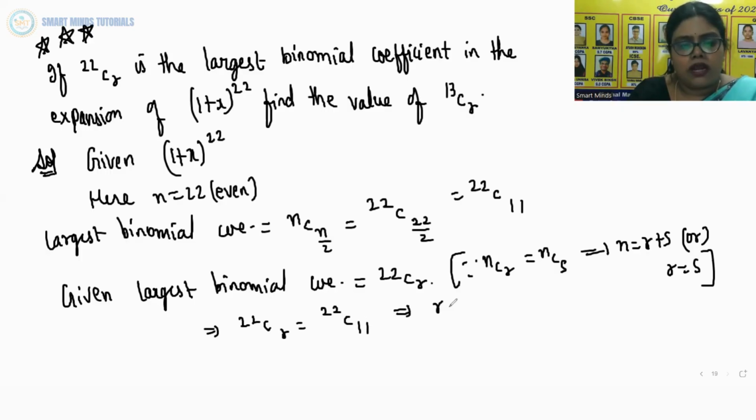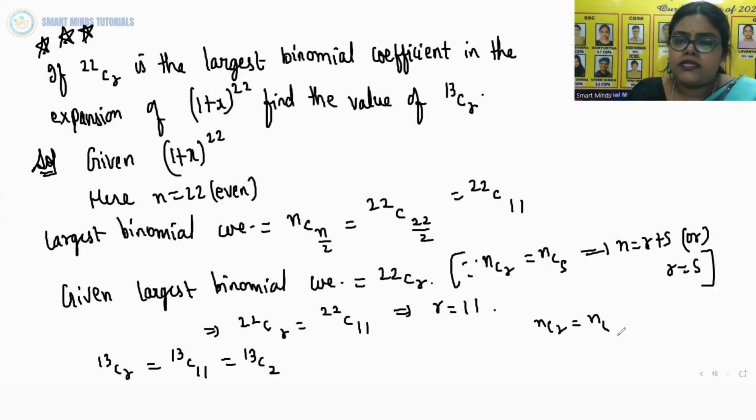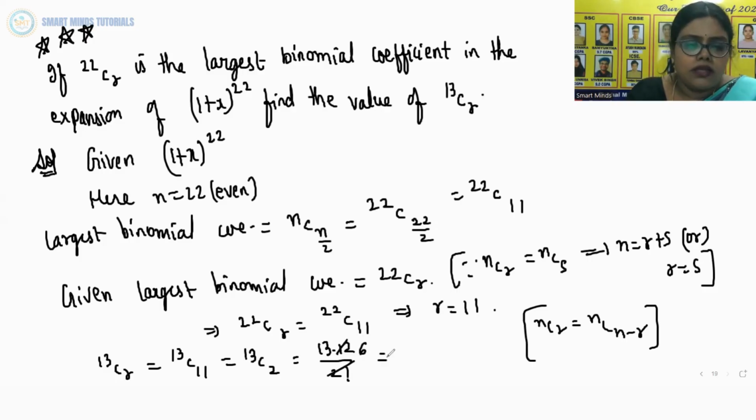So we can say r equals 11. But they are asking us to find 13CR. That is 13C11, which is same as 13C2 also. Why? Because nCr is equal to nC(n minus r). Now 13C2 can be solved as 13 into 12 by 2 factorial. 2 ones are 2, sixes are. 13 sixes are 78. This is the answer.